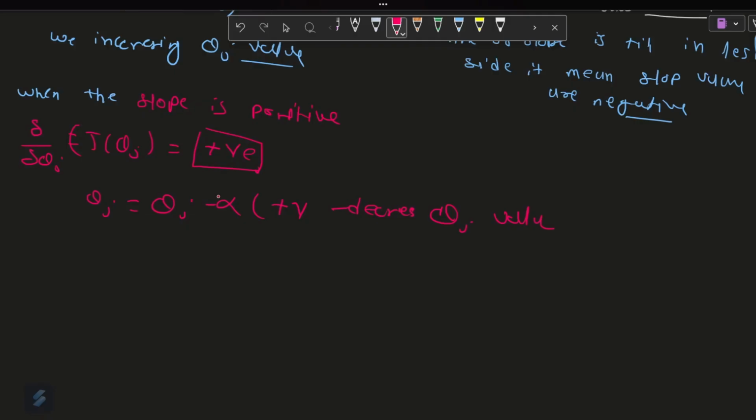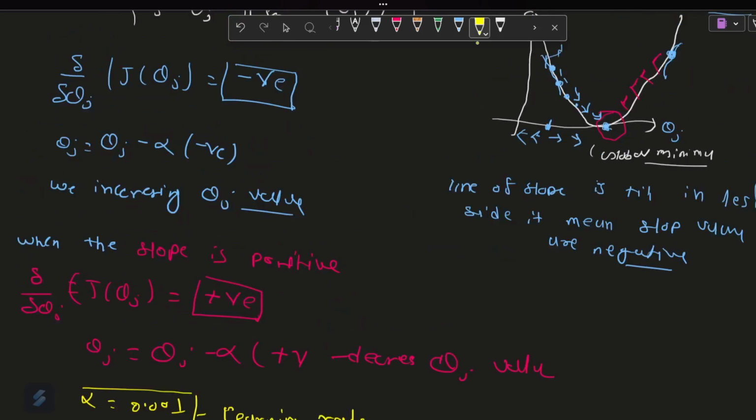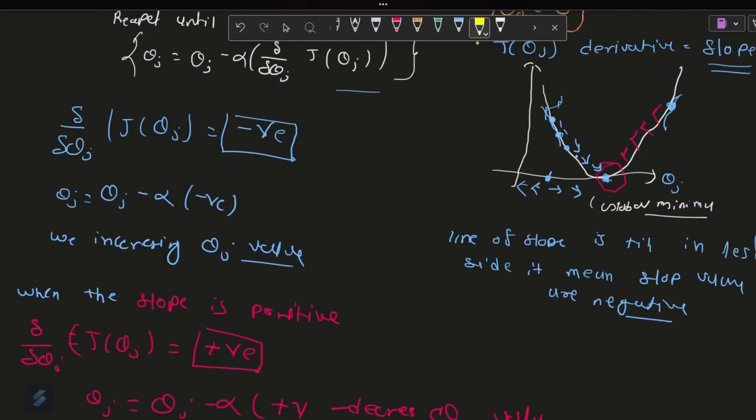And what is alpha? Alpha is basically the learning rate. Its value is 0.001, and it is called the learning rate. It is useful to control the convergence of the theta value.